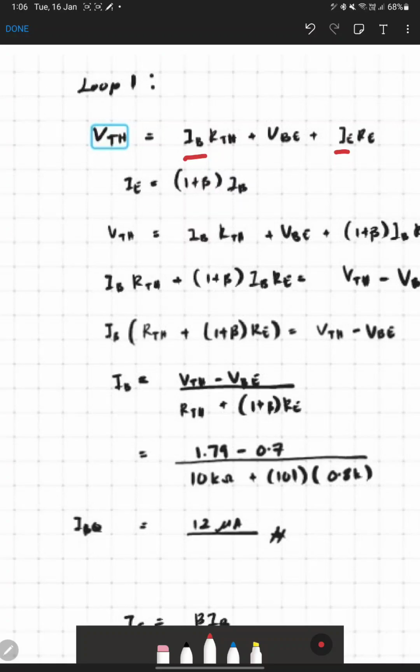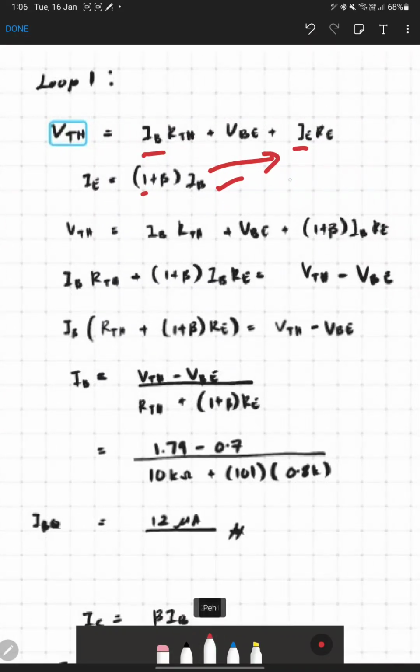So IE equals 1 plus beta times IB. We replace this IE into the IB terms and get a new equation. Then we combine the IB on the left side and the voltages on the right side: IB times RTH plus 1 plus beta RE equals VTH minus VBE.